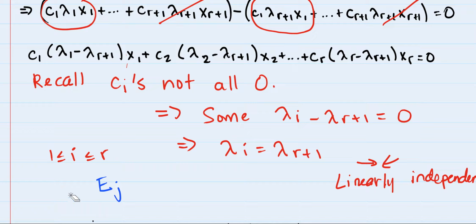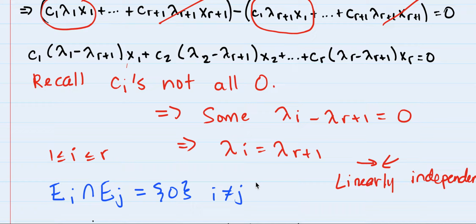So altogether, what this is telling us is that Xi intersection with Xj is equal to the 0 vector as long as i is not equal to j. So these eigenspaces have nothing in common except the 0 vector.